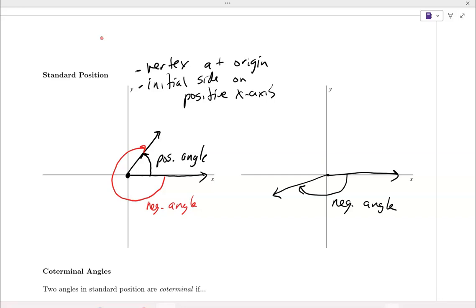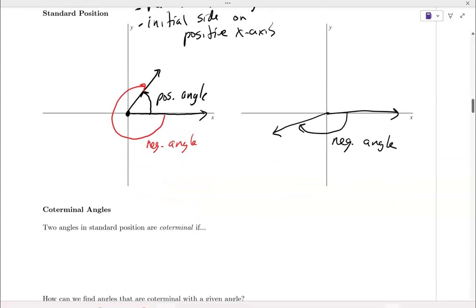Their terminal sides end up in the exact same spot. That's what we mean by coterminal. Okay? So two angles in standard position are coterminal if their terminal sides coincide. That's all we mean by a coterminal angle.